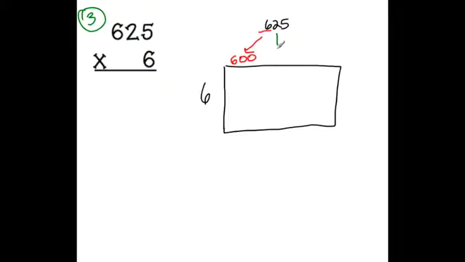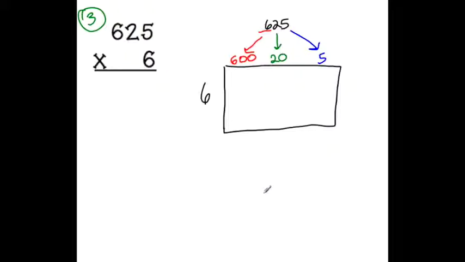What is the value of the 2? 20. And what is the value of the 5? 5. It's just like expanded form. 600 plus 20 plus 5 will give me 625. But don't add the plus signs. We don't need them.